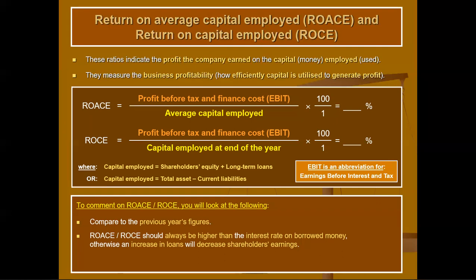As I've said, let's say our interest on loan is 10%, but return on capital employed is only 9%. It means that the capital employed doesn't even result in returns that can enable us to repay the people that contributed that capital into the business.